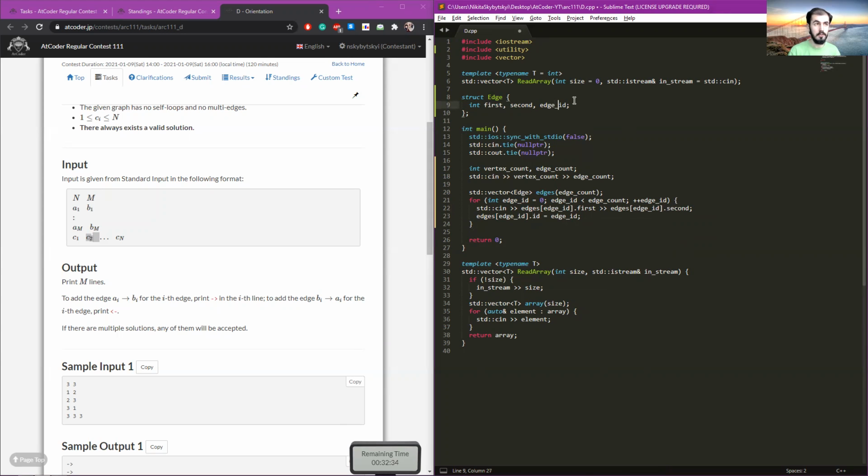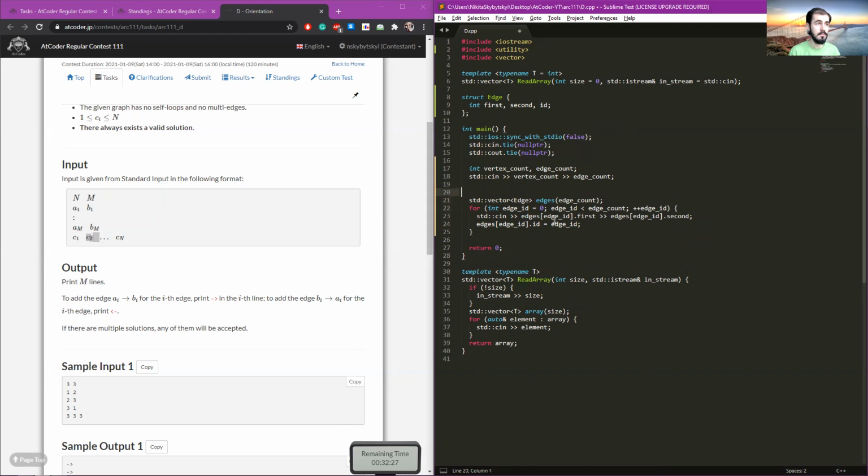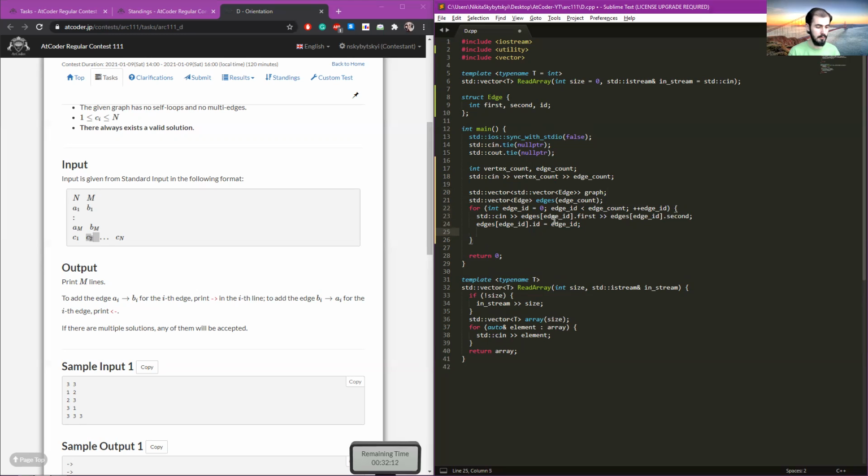Yeah, let's simplify. We have our graph like so.